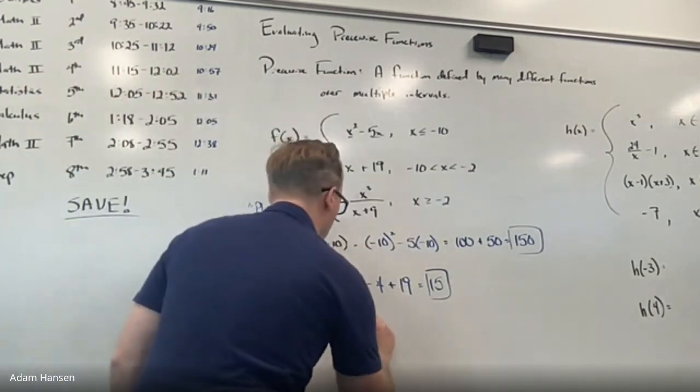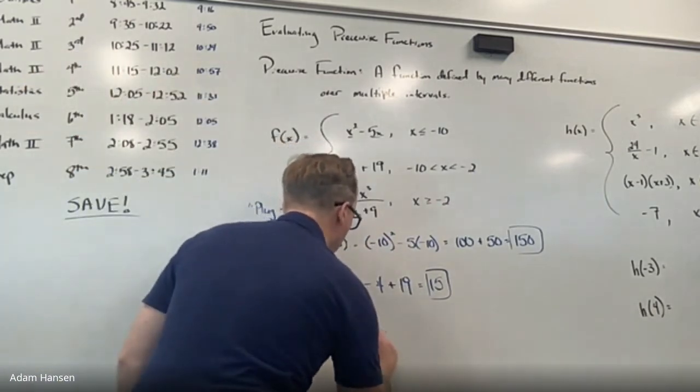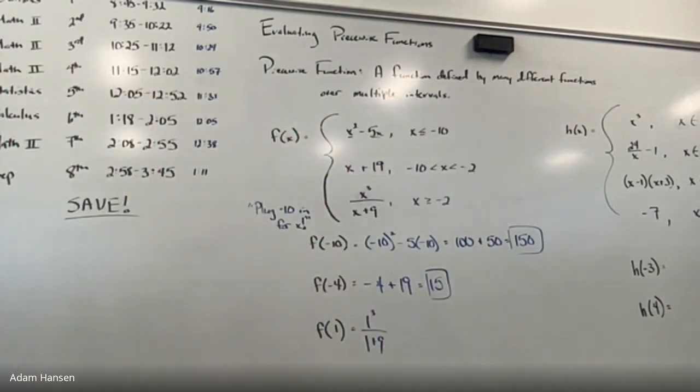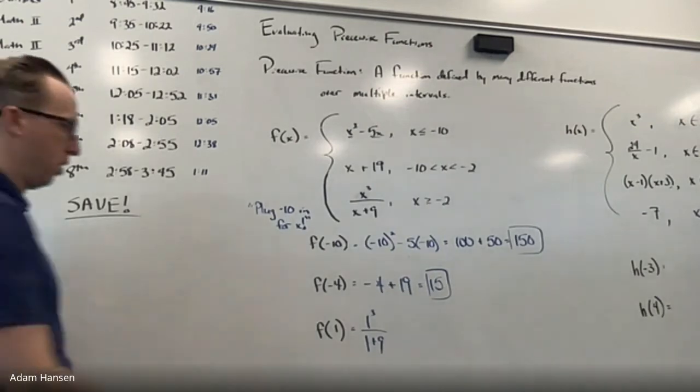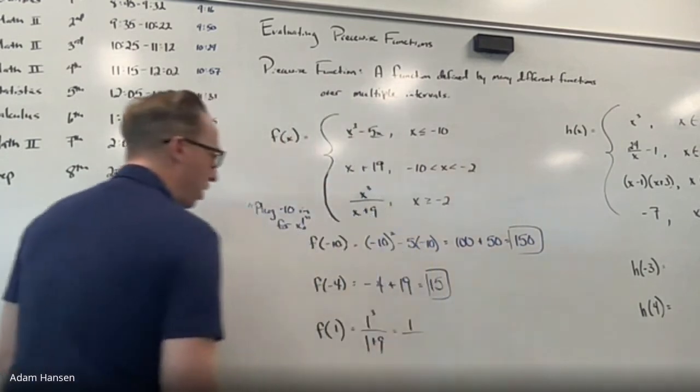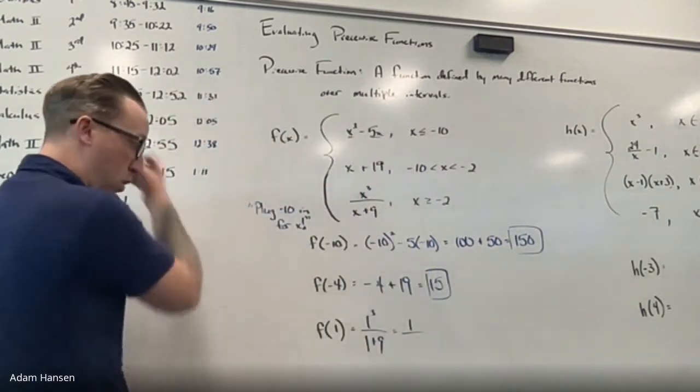We'll get 1 to the third divided by 1 plus 9. What's 1 to the third? 1 times 1 times 1. That's 3 times 1, not 1 plus 1 plus 1. It's 1 times itself 3 times. 1, very good. 3 ones multiplied together make 1.